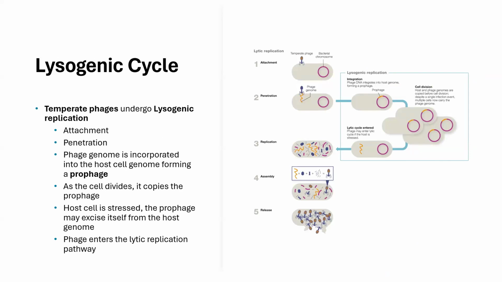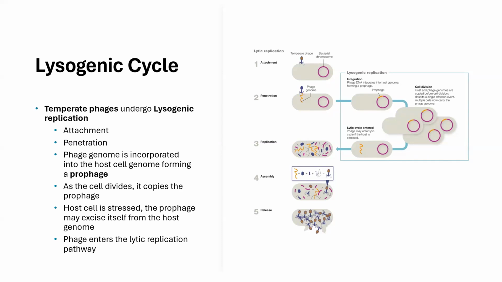Now, in the lysogenic cycle, you get what are known as temperate phages. And so they have a similar process where they attach and then penetrate. But then the phage genome is actually going to be incorporated into the host cell genome, forming what's called a prophage.